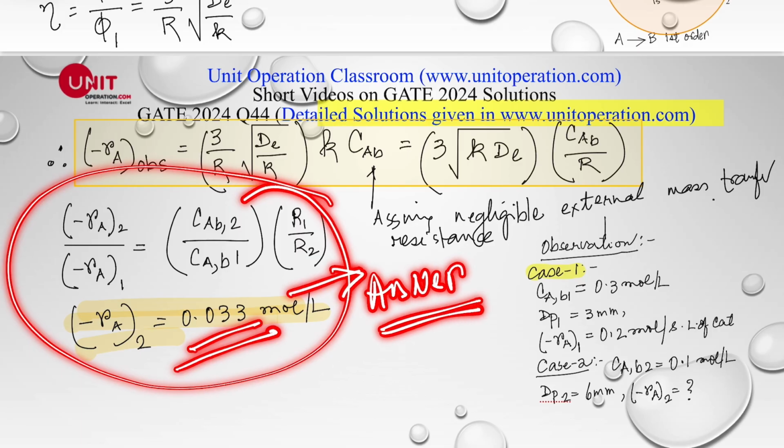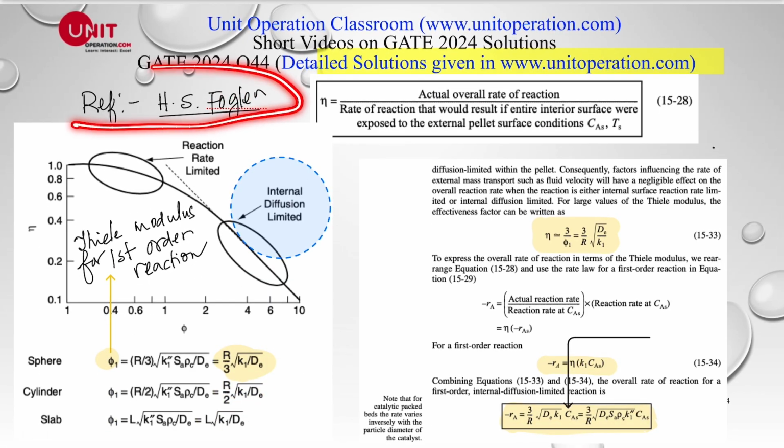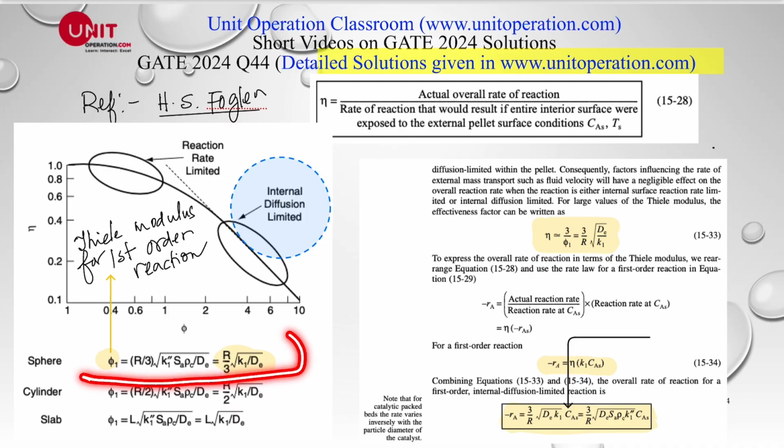Okay. Now, very quickly, I just want to show you that Fogler also gives the same thing. This is the definition of the effectiveness factor as given in Fogler, and here is the Thiele modulus as given in Fogler.